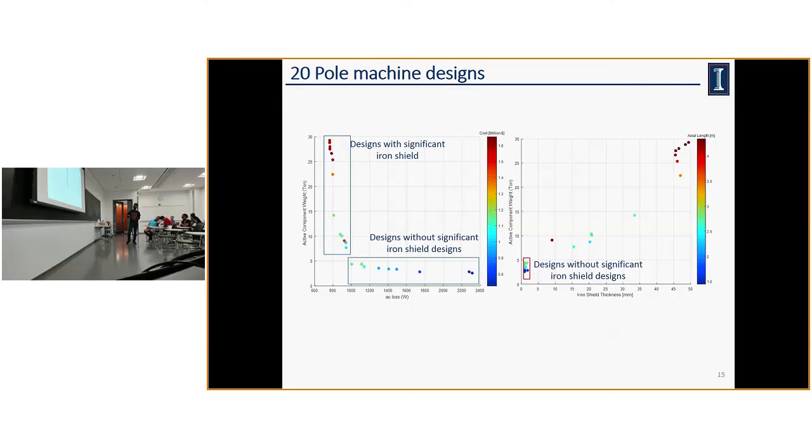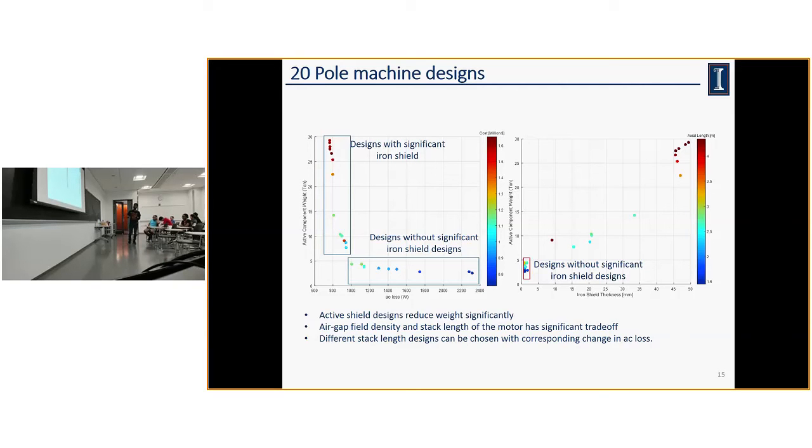So the active shield design is actually decreasing the weight significantly. You can see that here. This shows the iron shield thickness and the active component weight. These designs correspond to a very small iron shield and a very low weight. So the active shield designs are really contributing to decrease the weight significantly.